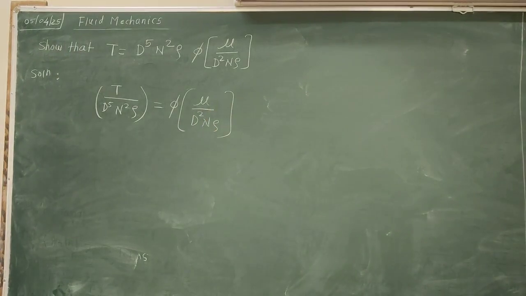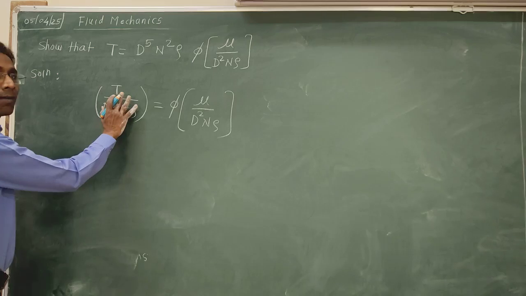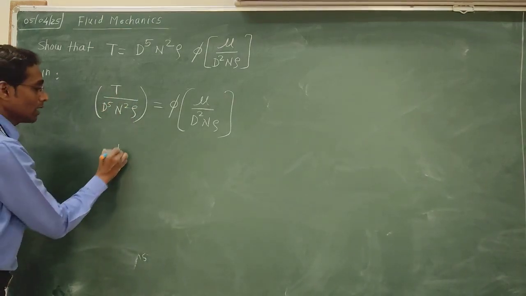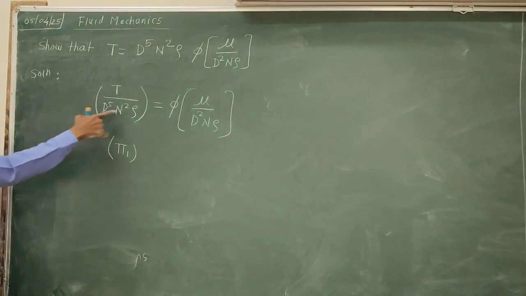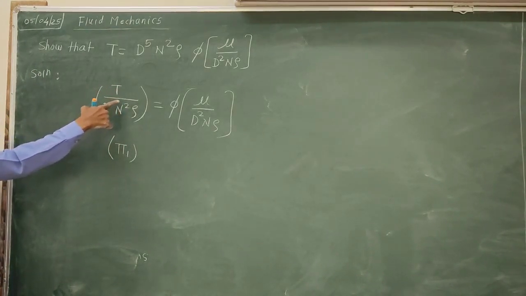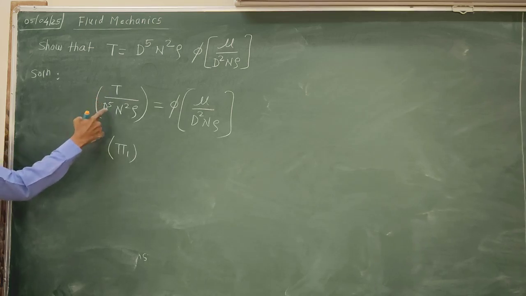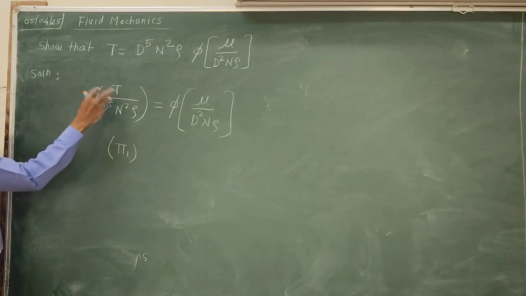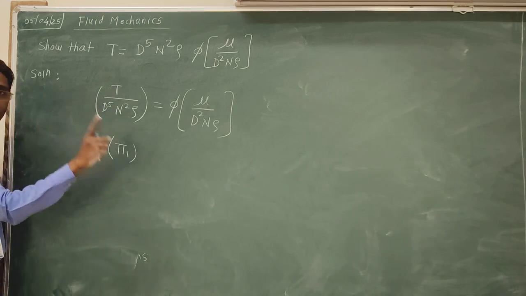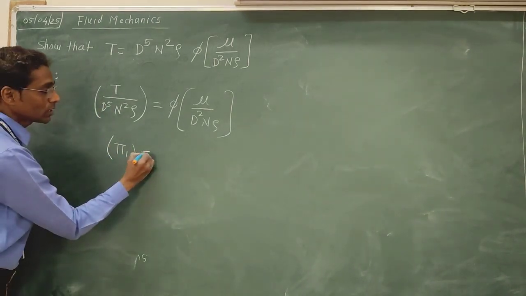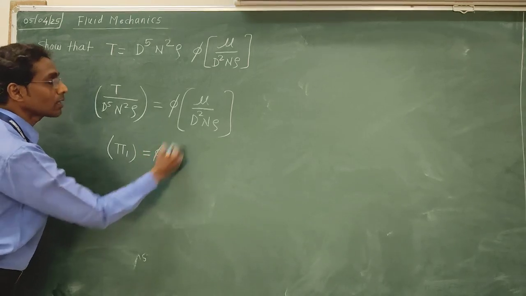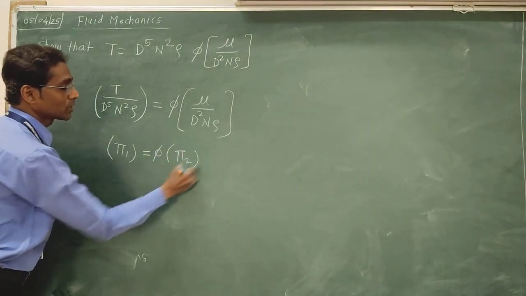Okay. Now you observe this carefully. Here, this is one dimensionless number, means it is one pi term. This is a group of properties. How many properties? 1, 2, 3, 4. 4 properties together becomes one dimensionless number or term, that is pi term, which is a function of another pi term, say pi 2.